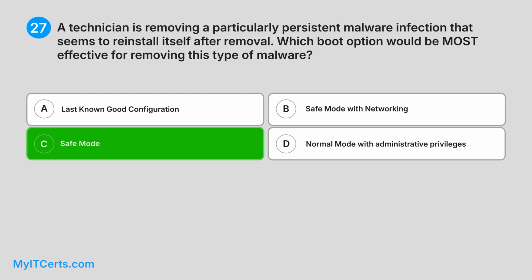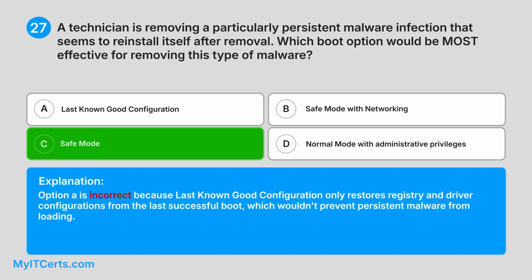Option A, last known good configuration, is incorrect because last known good configuration only restores registry and driver configurations from the last successful boot, which wouldn't prevent persistent malware from loading.